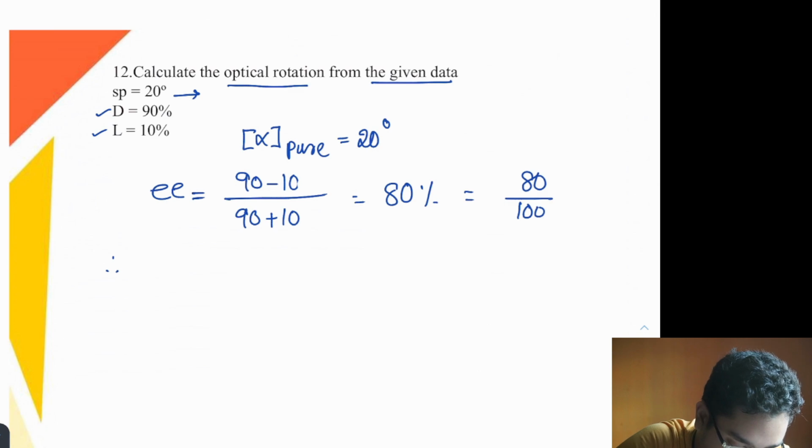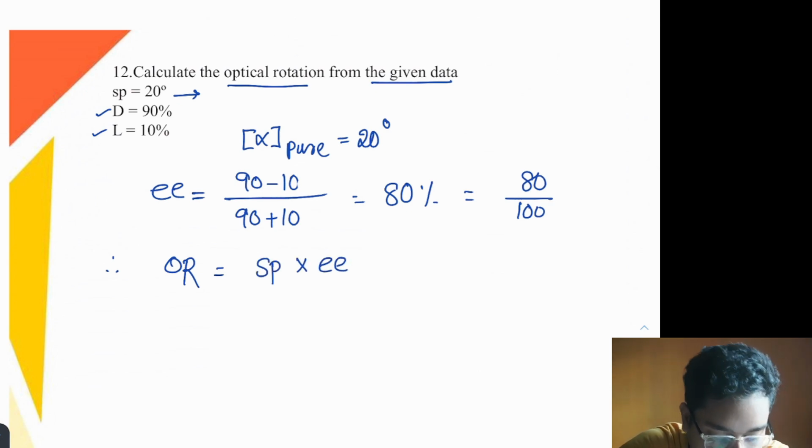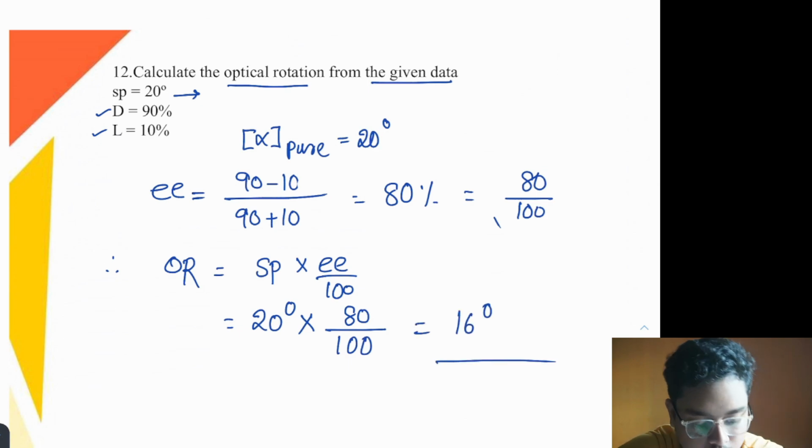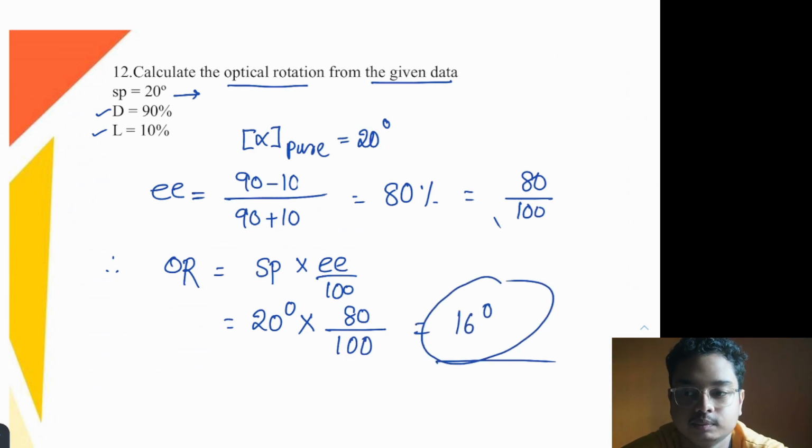So the optical rotation is nothing but the specific rotation that I already discussed. E, if it is written like this and if it is percent, then it will be E by 100. So 20 into 80 by 100 equals 16 degree. So this will be the answer of this particular question.